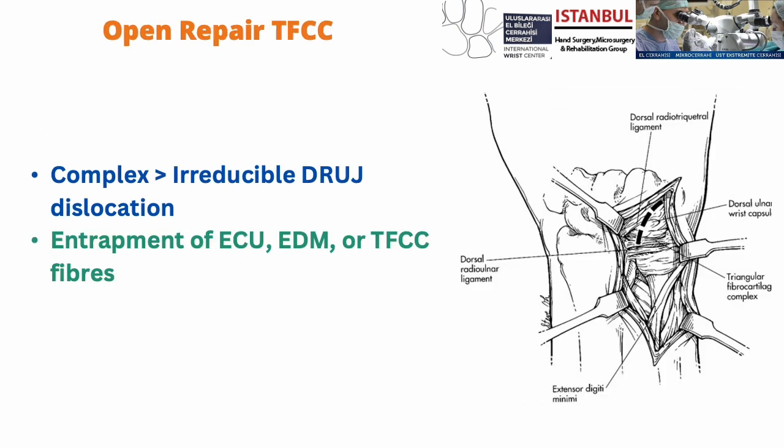However, in certain cases, open repair of the TFCC is needed, like in a contact injury causing irreducible DRUJ dislocation that may be caused by entrapment of ECU, EDM, or TFCC fibers.